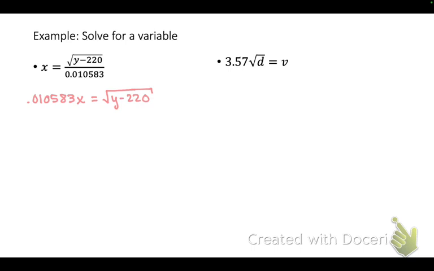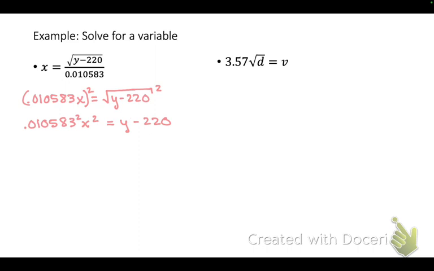Square it. So you gotta square both sides. So this would be 0.010583 squared x squared equals y minus 220. What are you solving for?